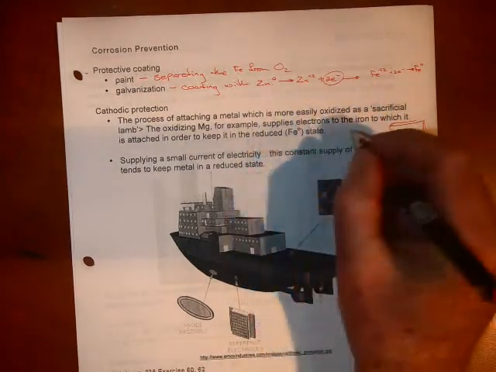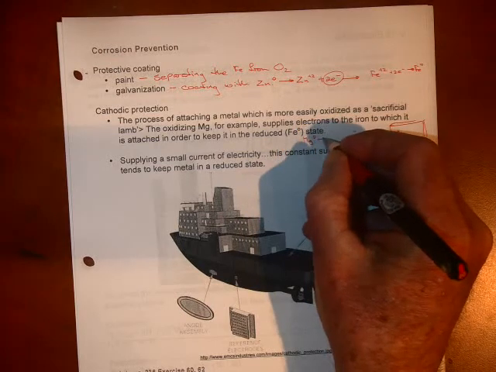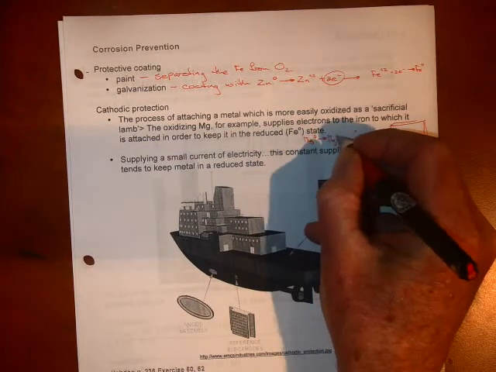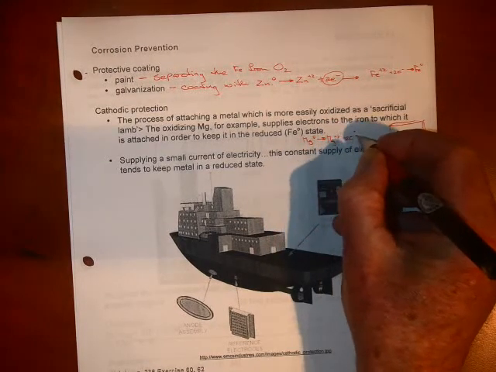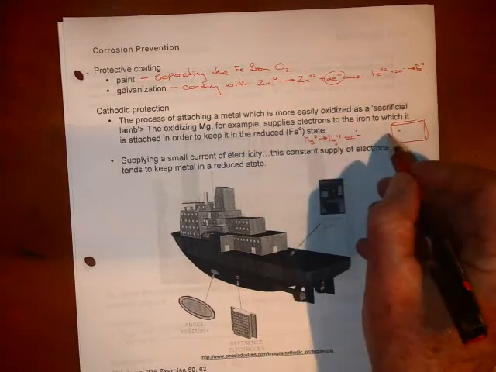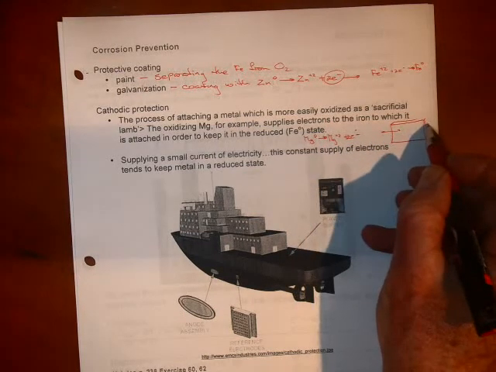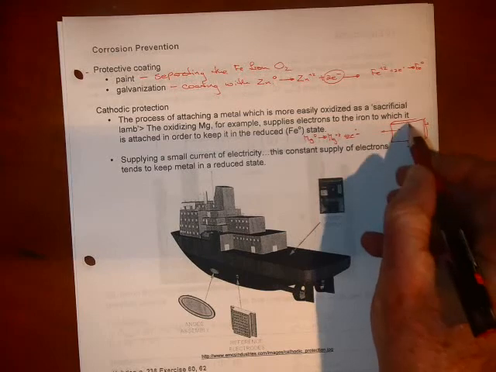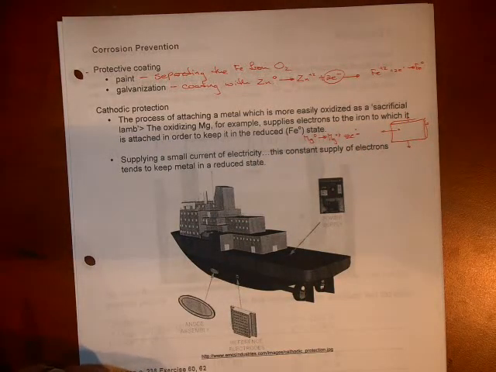For magnesium, it will break down, oxidize to produce electrons, and these electrons will go out into the motor and supply it on an ongoing basis with electrons.